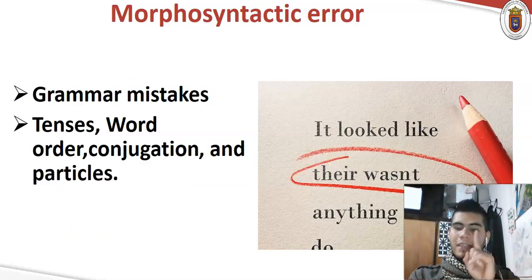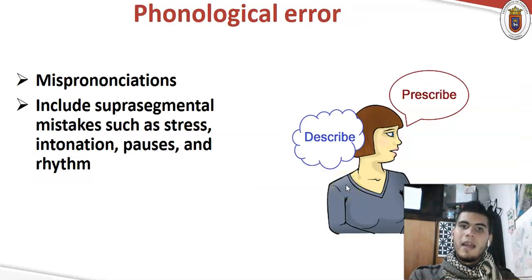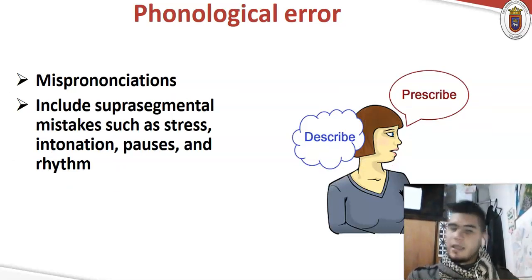The first, morphosyntactic error, is based on grammar mistakes: the tense, word order, conjugation, and particles. And we have an example here. Now, phonological error. A phonological error is when talking, obviously, and could be mispronunciations, including suprasegmental mistakes such as stress, intonation, pauses, and rhythm when talking, as I said.